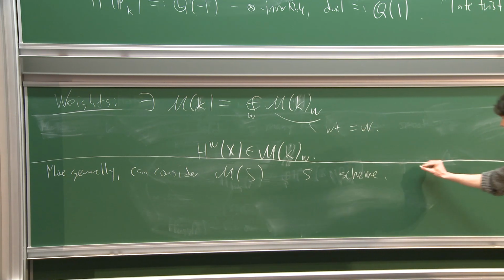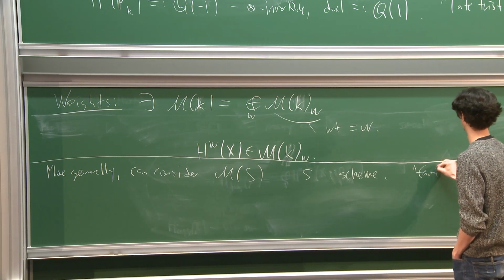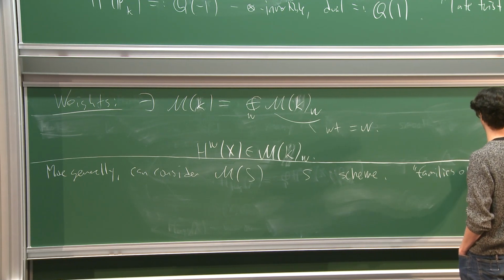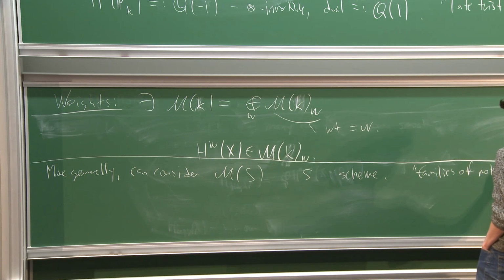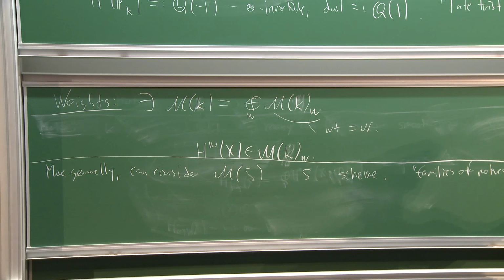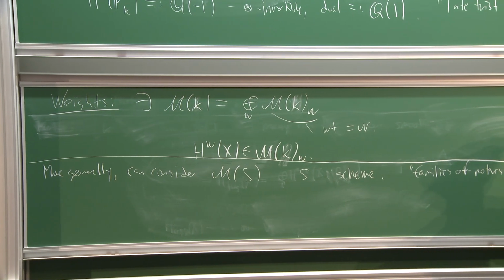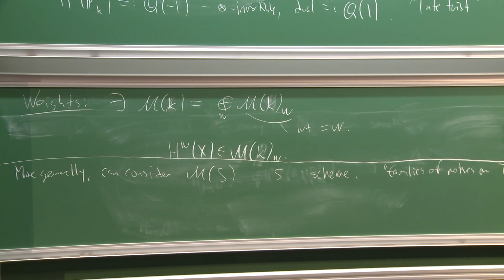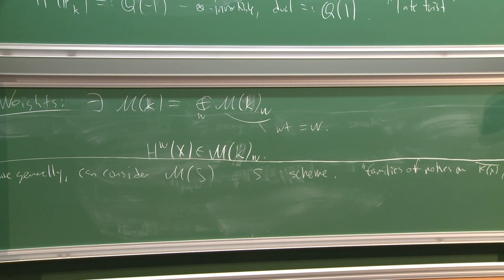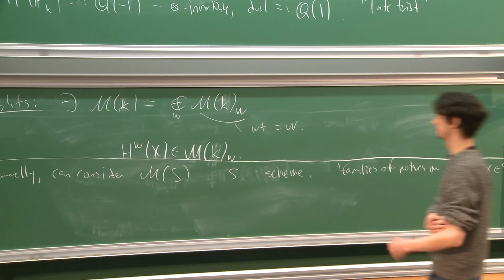And it should be thought of as kind of families of motives over, I don't know, residue fields as x varies over all points in the scheme. So a sort of smoothly varying family of motives.